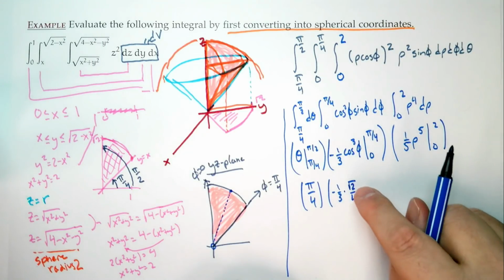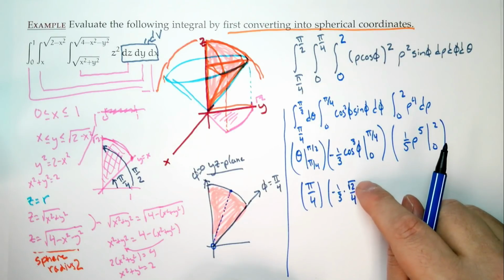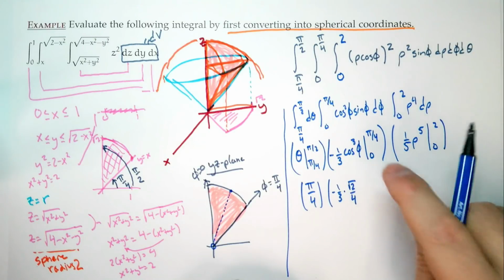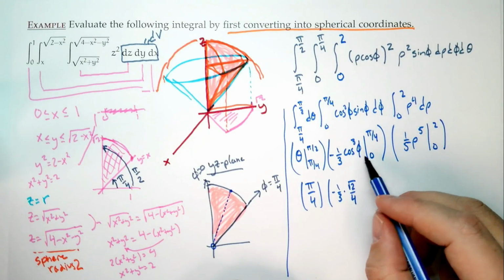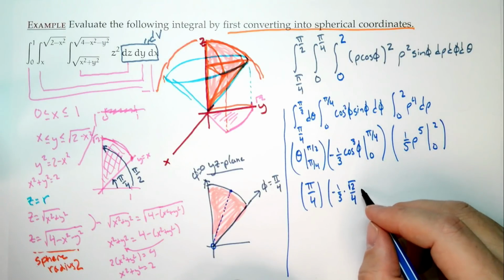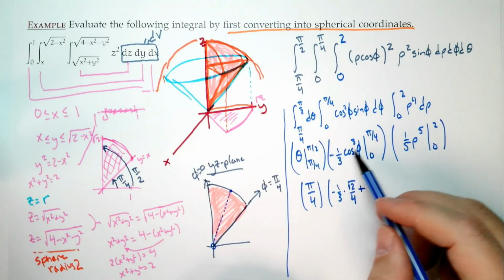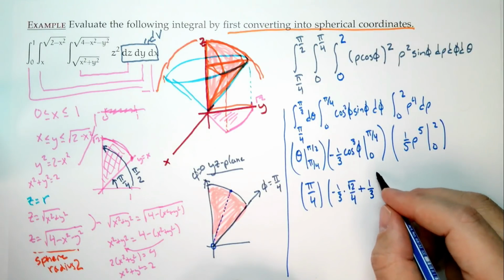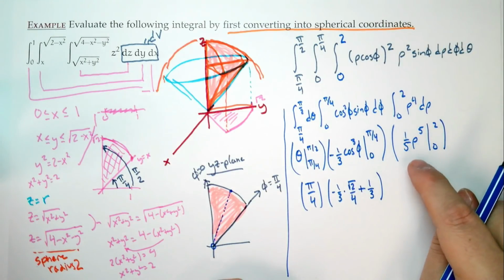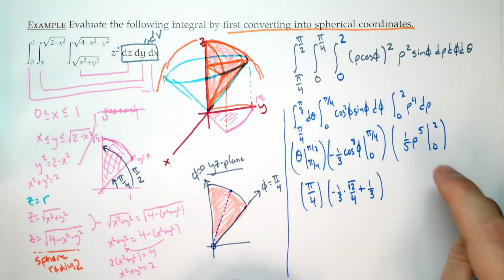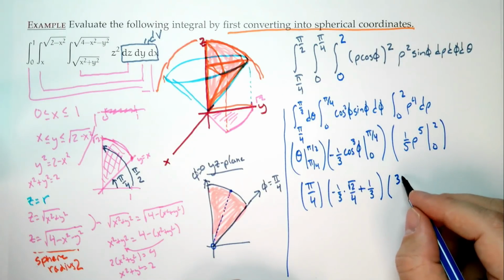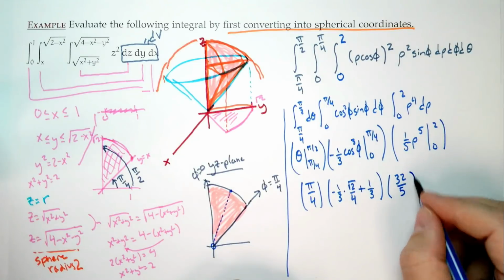So it ends up being square root of 2 cubed is 2 times square root of 2, over 2 cubed, which is 8, and then you get a 2 to cancel. Now you subtract. What happens when you plug in 0? Well, you get minus 1/3 times 1. So subtracting that gives you plus 1/3. And then finally from here, you get 1/5 times 2 to the 5th, which is 32 over 5.